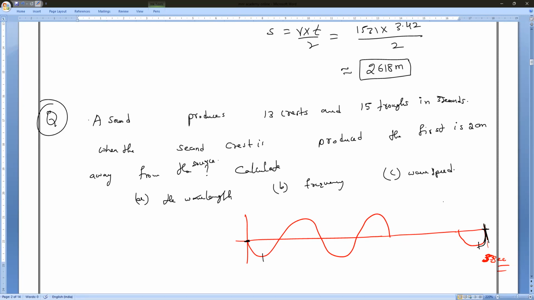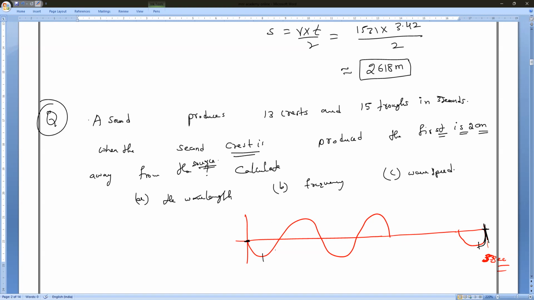So they have mentioned in the question that when the second crest is produced, the first is 2 centimeter away from the source. So 2 centimeter away from the source means what will happen, everybody?